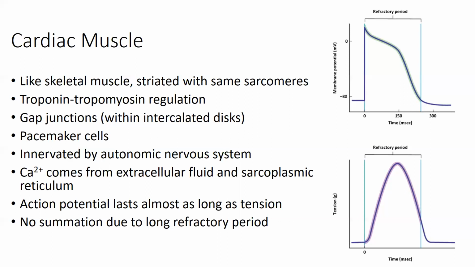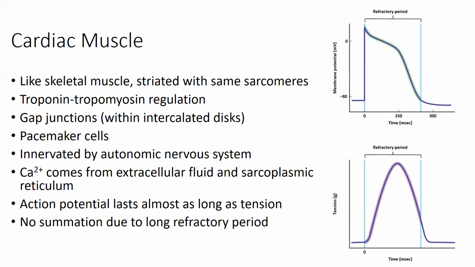Now, lastly, we'll talk about the action potential in a cardiac muscle cell. All right, so because the action potential of a cardiac muscle cell has quite a long refractory period, right? It has a long refractory period. There is no summation here. Okay, the length of the action potential is the same amount of time that it takes for that cell to fully contract.